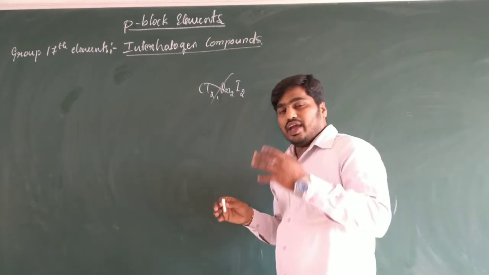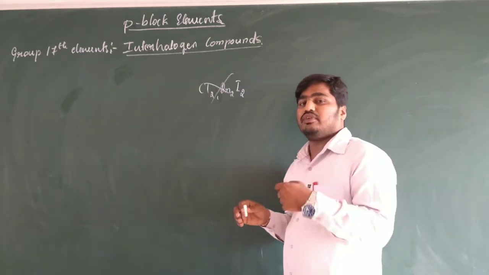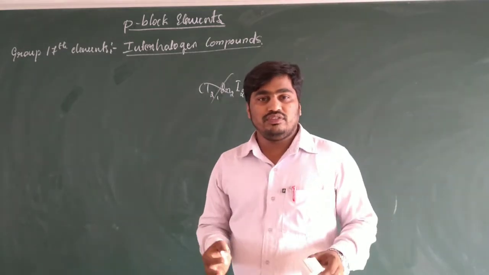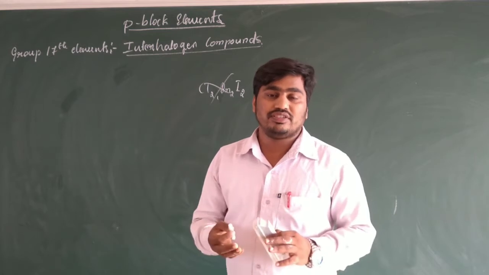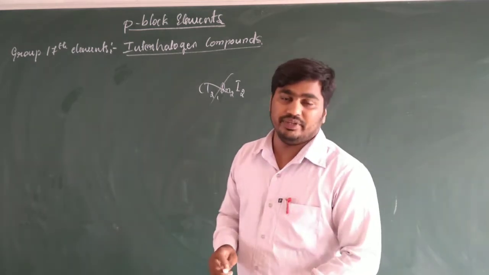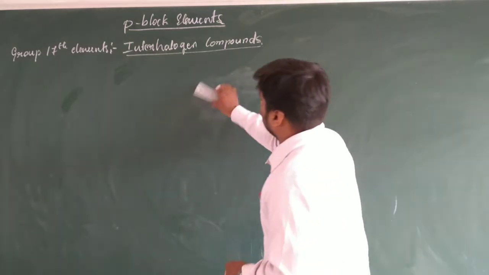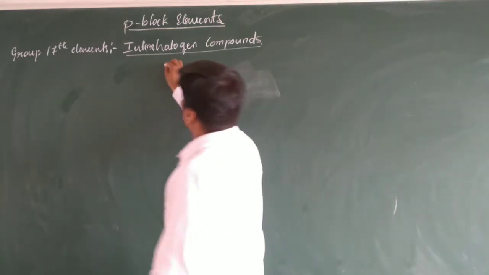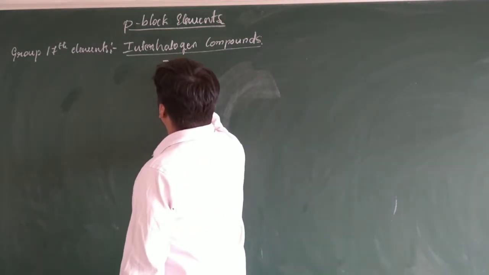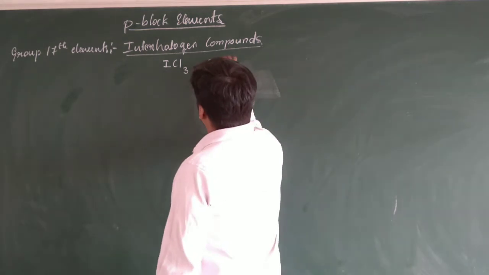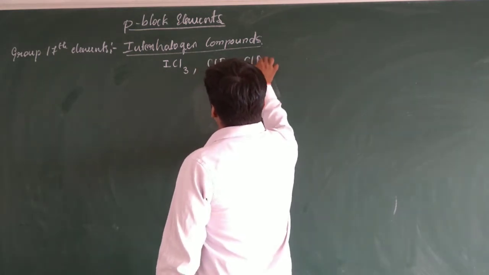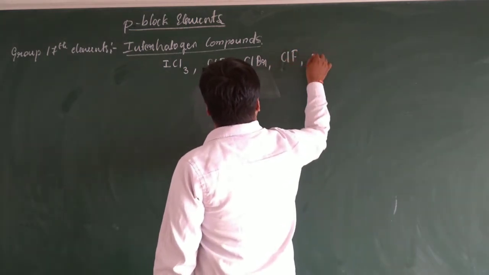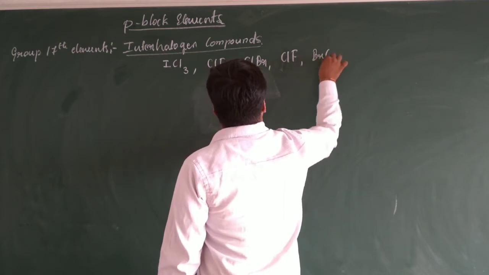When one halogen reacts with another halogen, or the compounds of halogens react with different electronegativities, then those compounds are called interhalogen compounds. Examples: ICl3, ClF3, BrF3, ClF, BrCl.